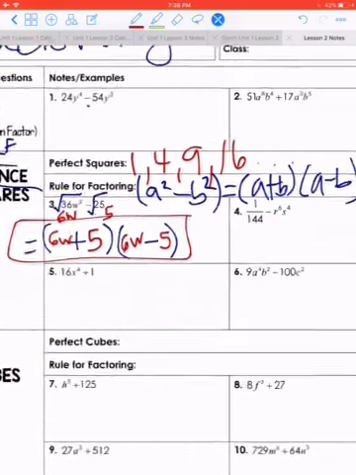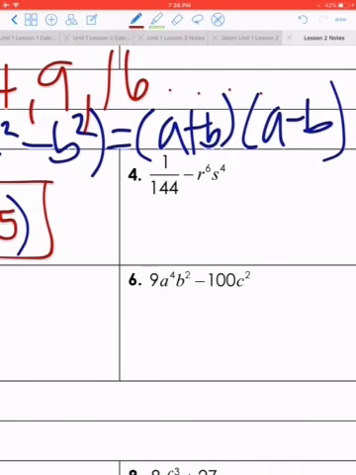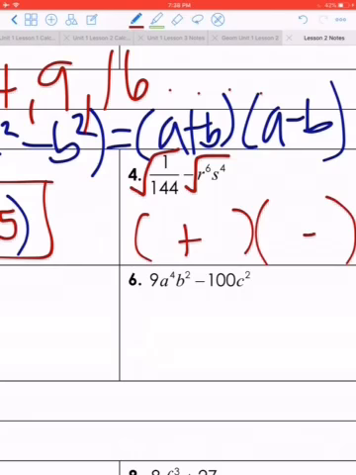Okay, so let's talk about 4. The square root of 1 over 144, and then the square root of r to the 6th s to the 4th. One factor will get a plus, and one factor will get a minus. The square root of 1 over 144 is the square root of 1 over the square root of 144.